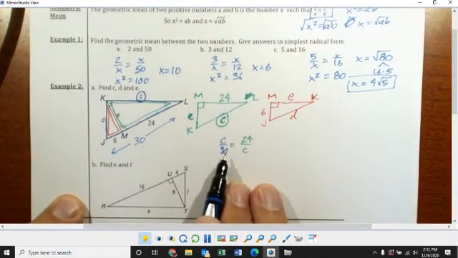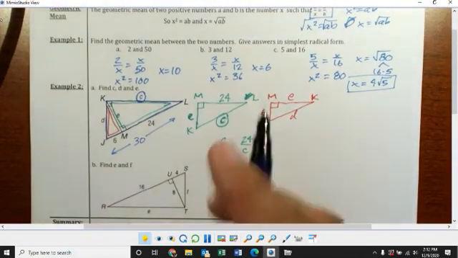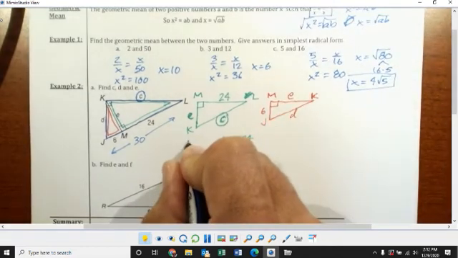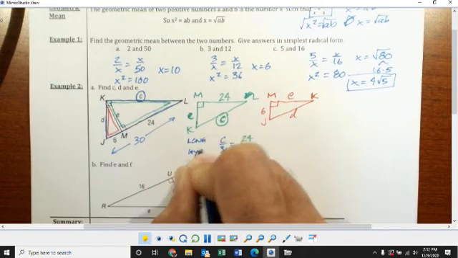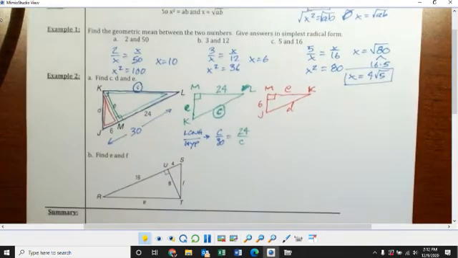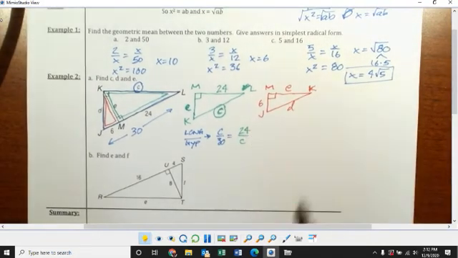The blue is the large triangle, the green is the medium triangle. This side is my long side, and this is my hypotenuse. I did long side over hypotenuse for both of them, so I get the same ratio.